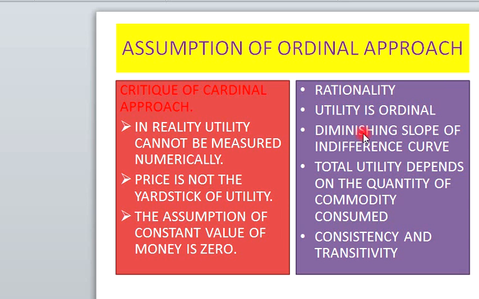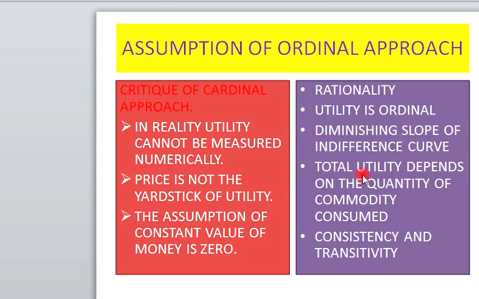But quickly, an indifference curve is a curve that shows different combinations of goods and services consumed by a consumer that give the same level of satisfaction. So it shows different consumption levels that give the same satisfaction.